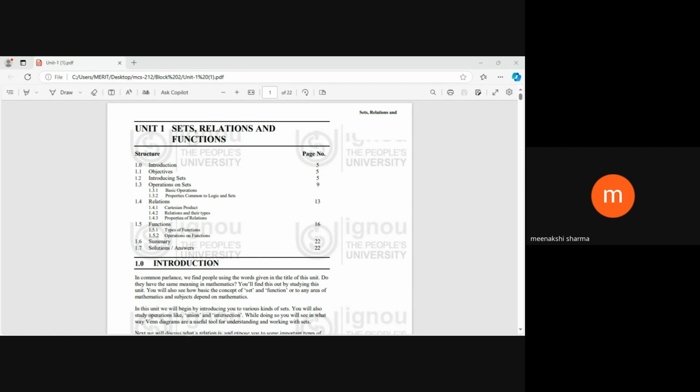Yes, ma'am. Beta, there are offline and online both patterns for your practical exam. You are living in Delhi? No, I'm from Kerala. Then there is an online pattern for your practical exam. Is it through online itself? I didn't receive any link regarding the second semester also.